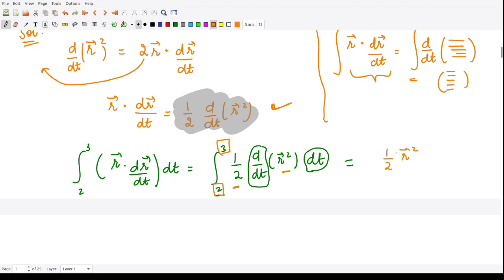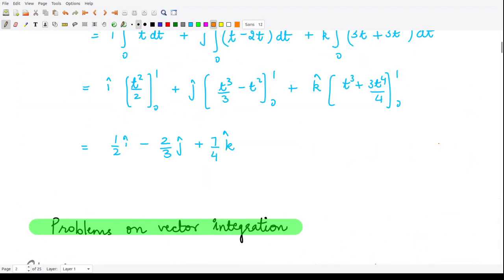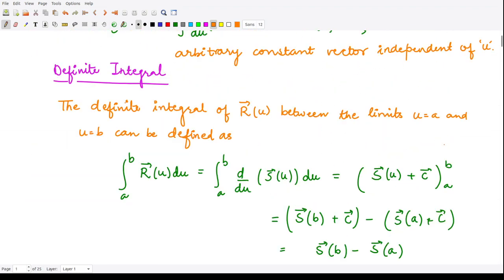We compute the value for this vector at the point t equal to 2 and t equal to 3, because that is the definition of the definite integral: if you take the integral of the derivative of some quantity, it is equal to the value computed at b minus the value computed at a.